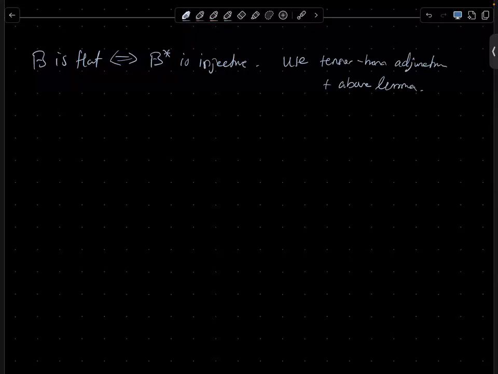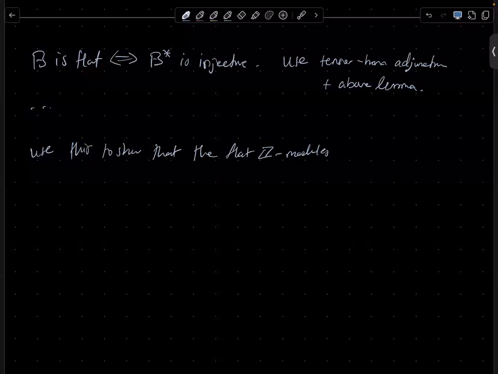I thought this was a very slick result. And you can use this result and some more details, actually, I think this is not so obvious from just this alone, to show that the flat Z modules coincide with the torsion-free Z modules. Cool.